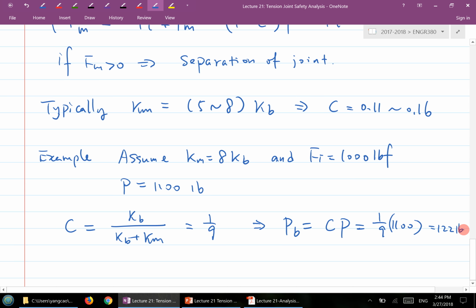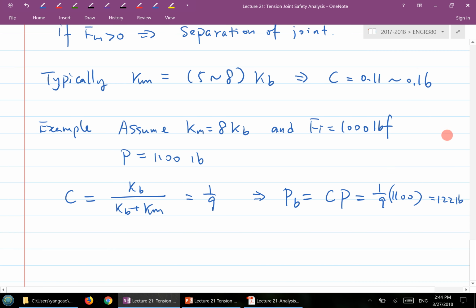So that's how much force is being taken by the bolt. And then you can calculate the amount of force taken by the member, which is just P minus Pb. That gives you roughly 970 pound force.